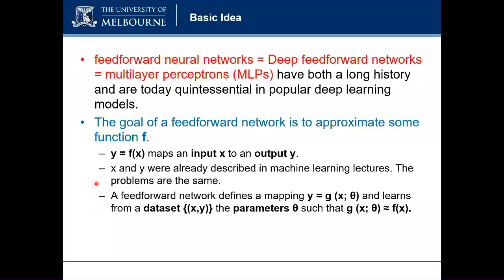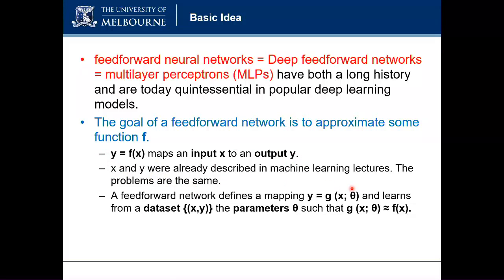I tried to put it in a very executive summary here. y = f(x) maps an input to an output. y could be a set, then you're doing classification. y could be 0 or 1, then you're doing binary classification. Or y could be a value, then you're doing regression. And x is your input. So maybe y is a real-valued function, then you're doing function approximation with real values.